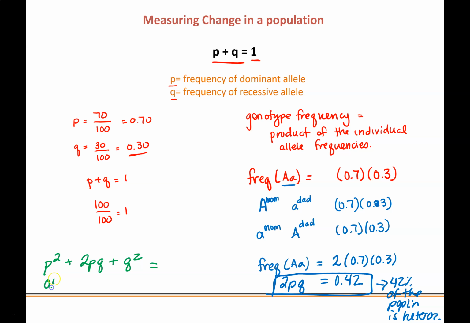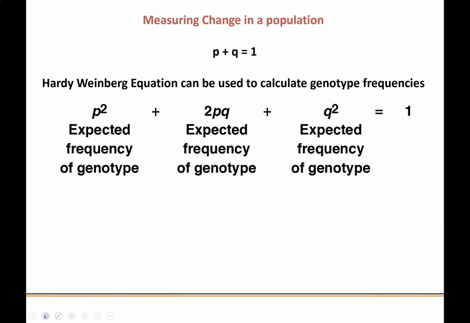We have 0.49, 49% of the population is homozygous dominant, 0.42 or 42% of the population is heterozygous, and 0.09 or 9% of the population is homozygous recessive. If we add that all up, we get 1. So we've represented everybody in this population. We have also come to the Hardy Weinberg equation.